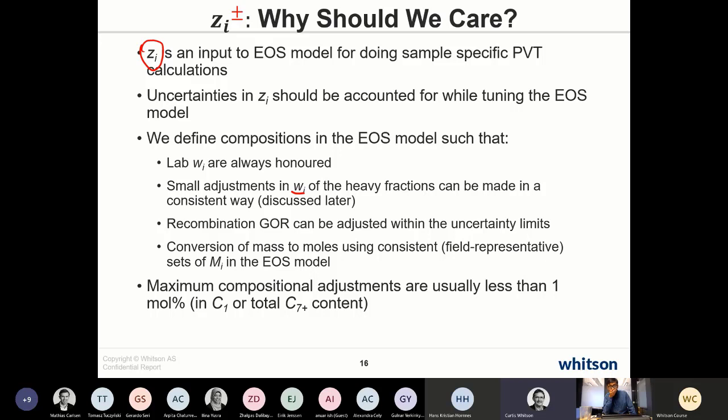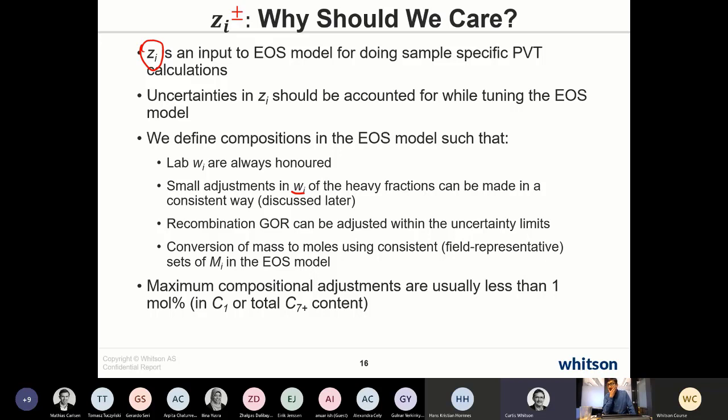That same method was introduced, well, both in a paper that we had in 89, I think it was, and in the same book on C7 plus characterization, a collection of articles on C7 plus characterization in 1989.